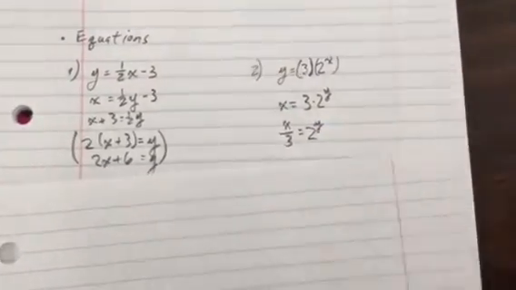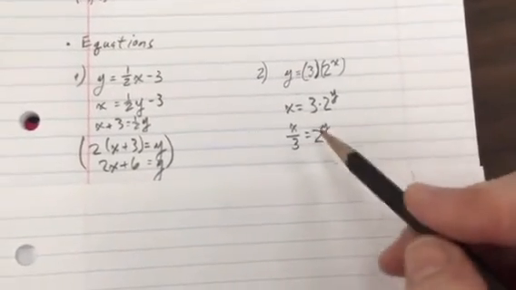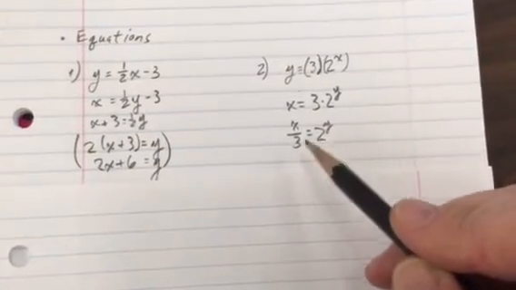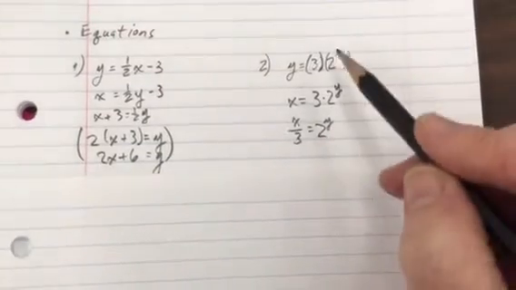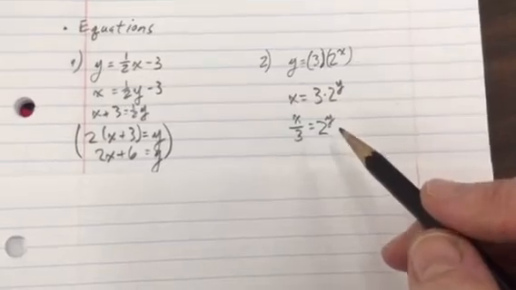Now, there is kind of an easy approach to this. So this is kind of my inverse equation right here. I don't have it solved for y yet, but I did interchange the x and the y variables. So all you need to do really is put it into y form.